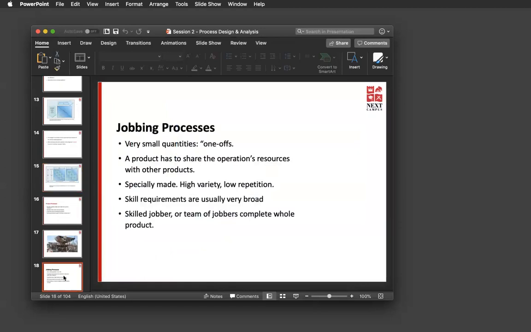So there are certain commonalities that can be clubbed together in the jobbing. These jobs are specialized, but still, the overall product or service is of specific variety or high variety.